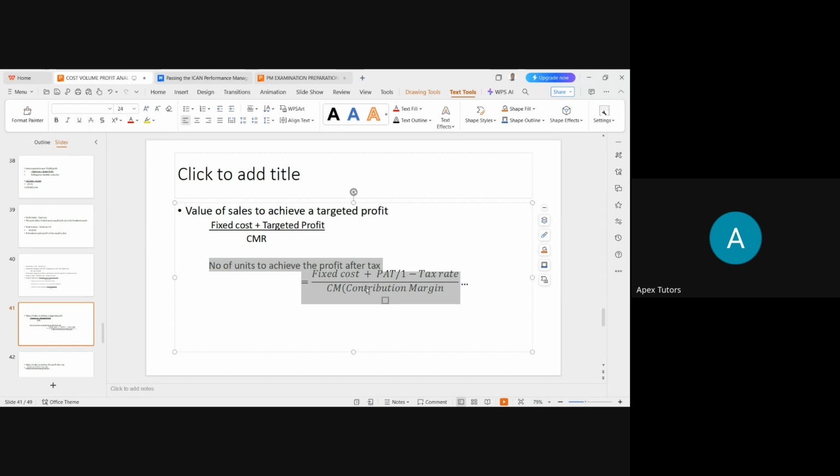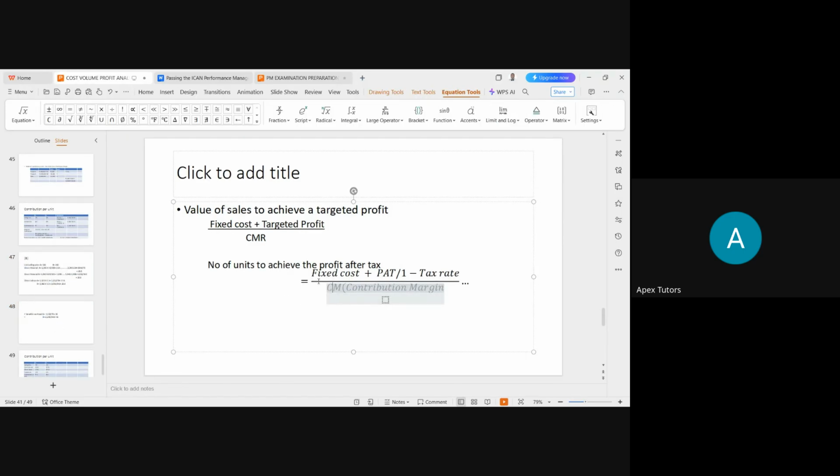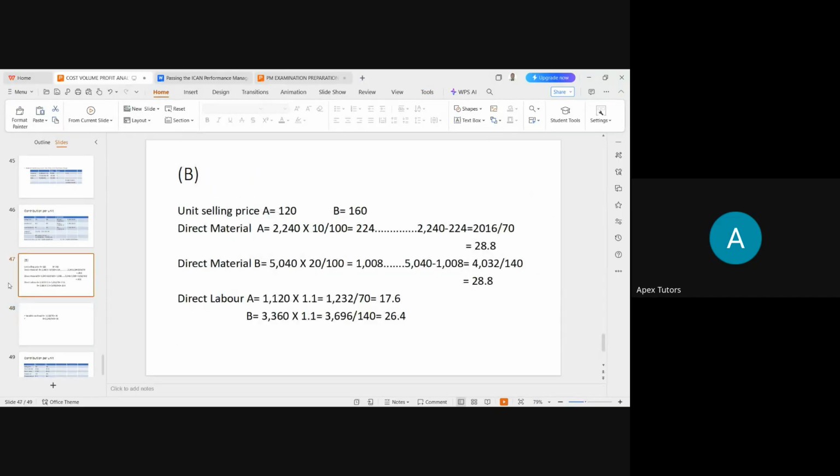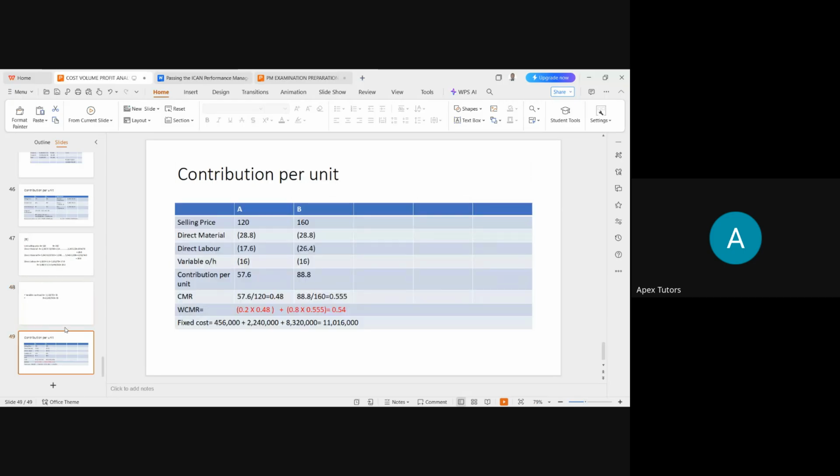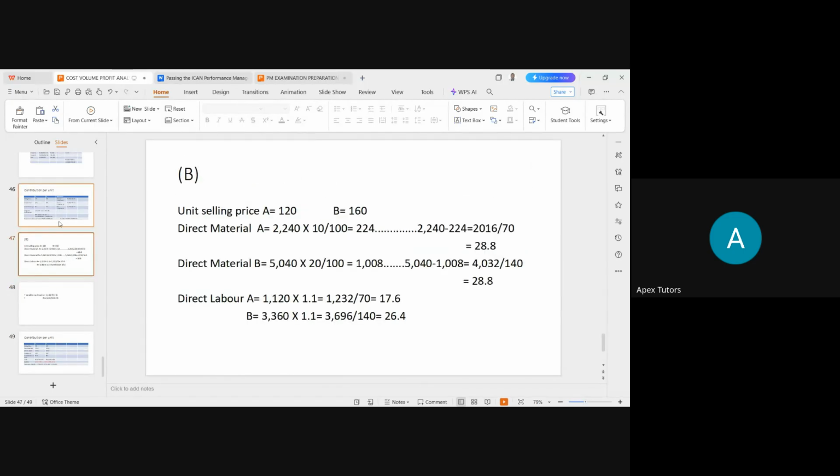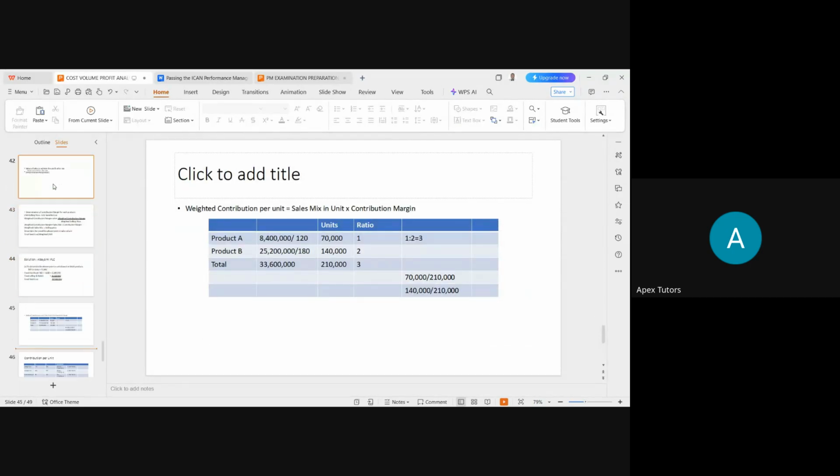If we are working based on units, okay, this should be contribution margin ratio, based on what we've solved for. So we're going to use this formula. Let me copy it.